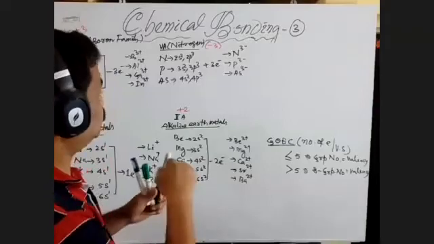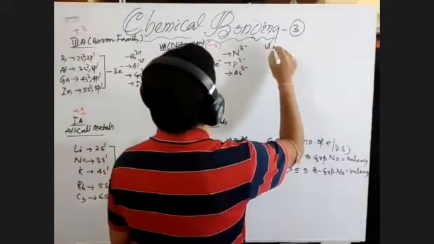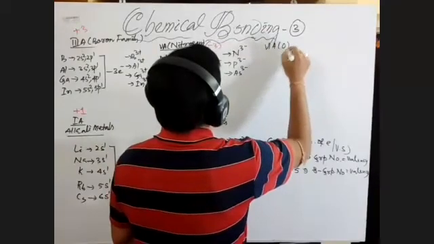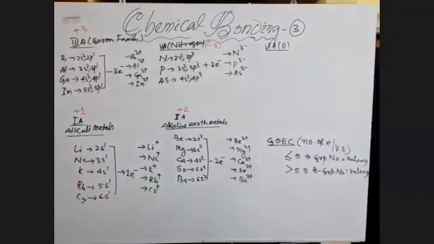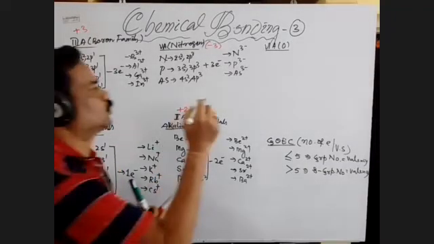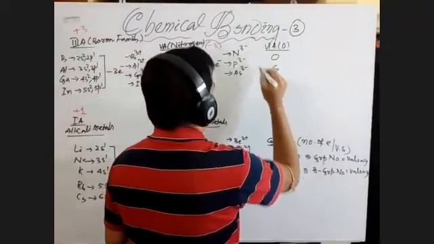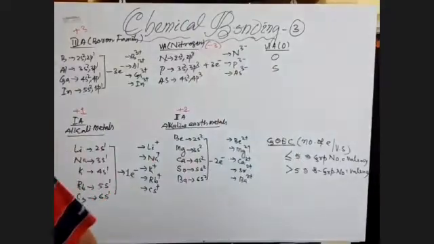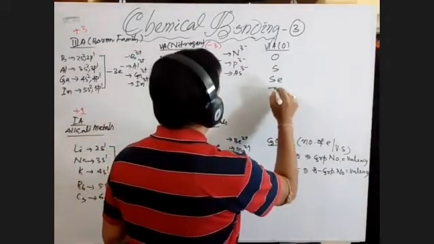Coming to the sixth A group, that is your oxygen family. Starting member is oxygen, then sulfur, selenium and tellurium.